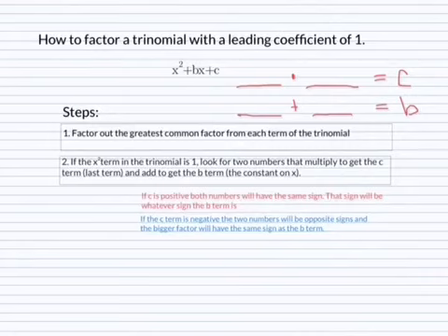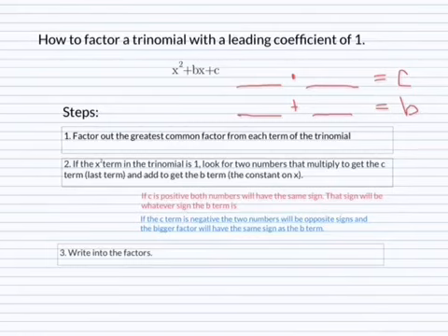Now after you figure out what the 2 numbers are that go into your factor, then you will do step 3. Alright, so then we will just write the numbers into their factors. So let's say that this was my first number, n1, and n2 was my second number.